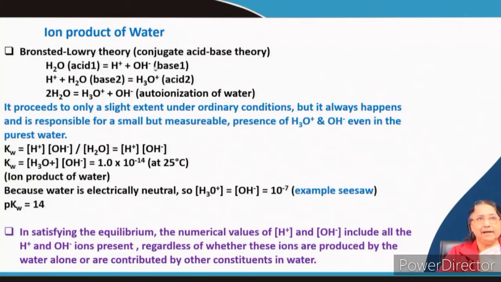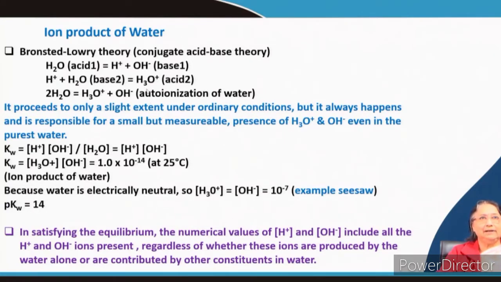This is the pair, acid 1 and base 1, and water can act as a base also because of its amphoteric character. So, it can act as a base when it takes up the proton to form the hydronium ion. So, this is the conjugate acid base pair.